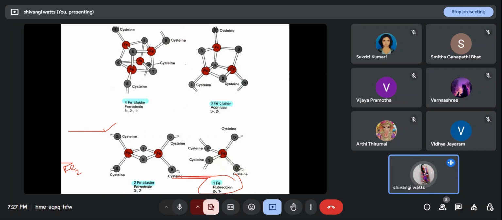Here the sulfur is not part of a cysteine residue but is in the form of S2 negative, inorganic sulfur, that is sulfide, while the other four sulfurs are from cysteine residues. With inorganic sulfur we name it Fe2S2, and this one is Fe1S0.